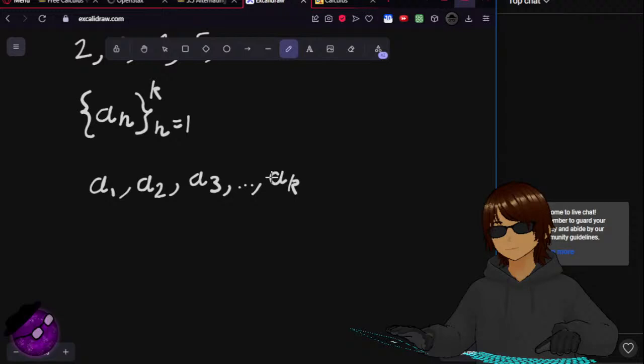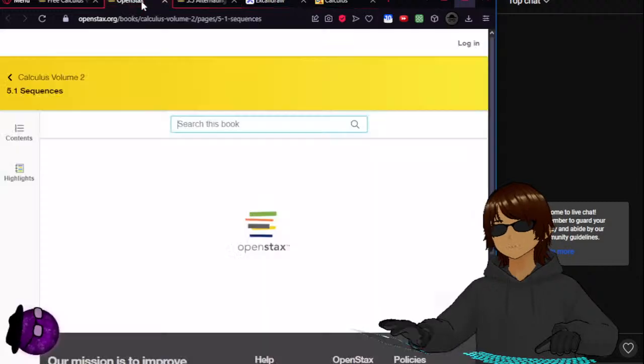I don't know why I'm lagging so much. Hold on. This is how you represent this. It doesn't have to start from 1 and it can go all the way till infinity as well.